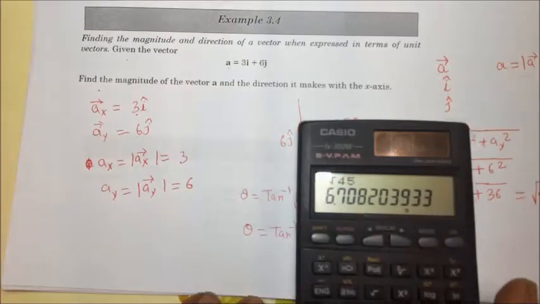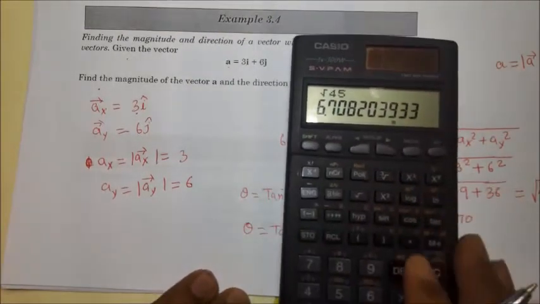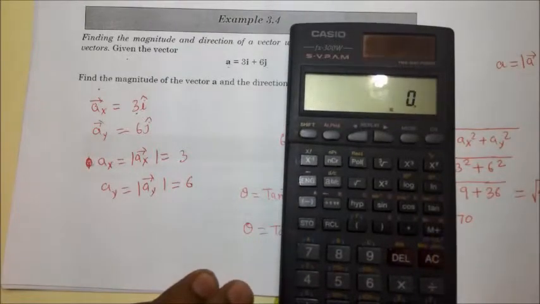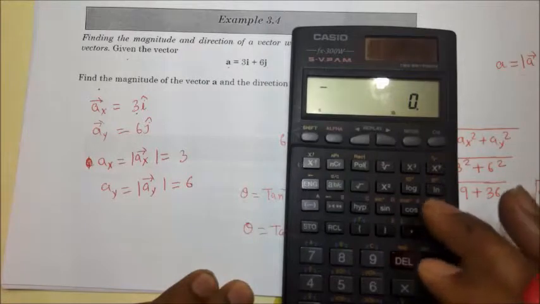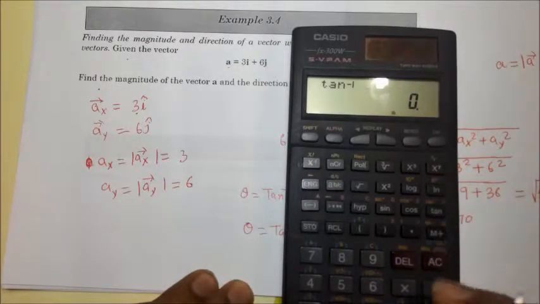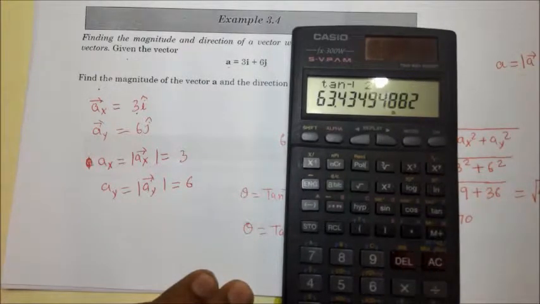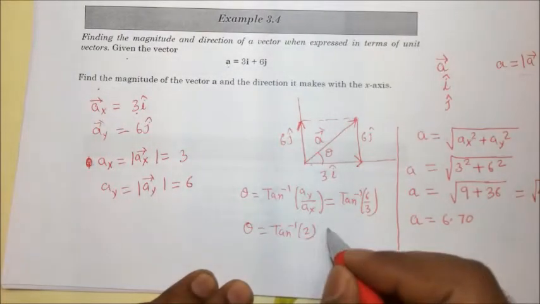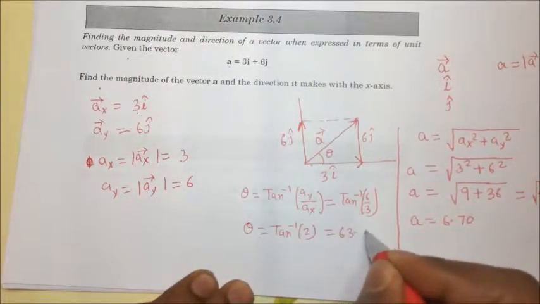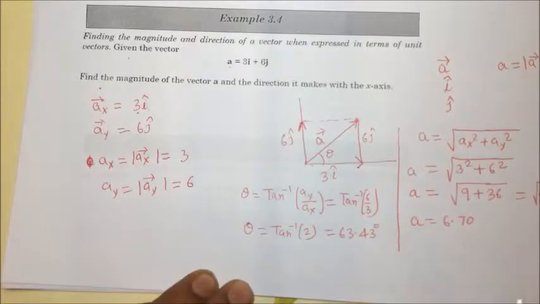Can you find tan inverse 2? Shift tan inverse 2 equals 63.43 degree.